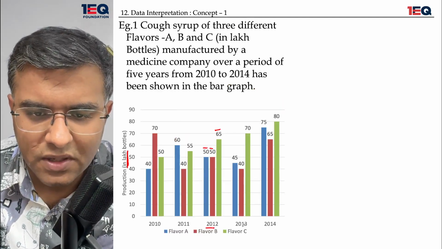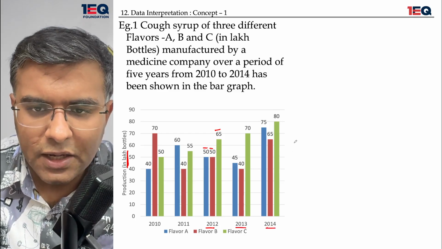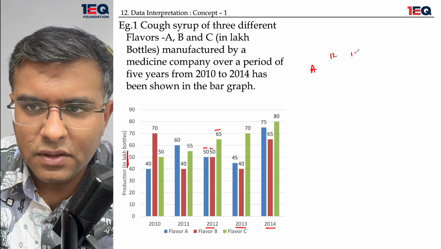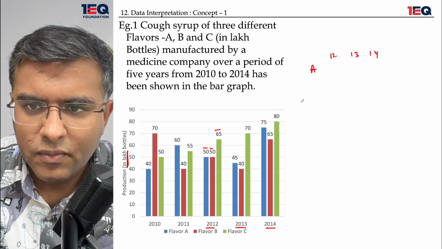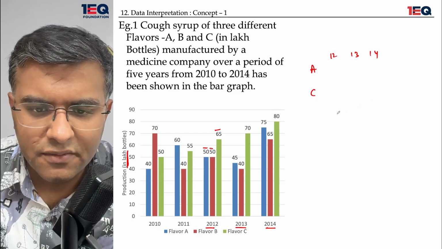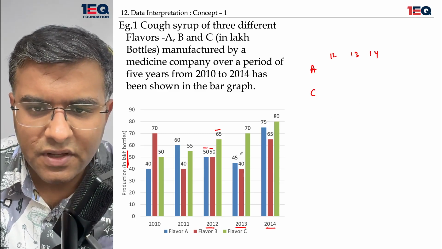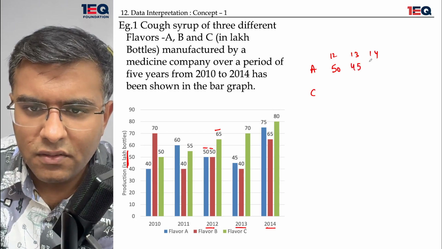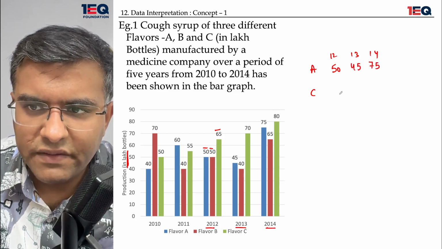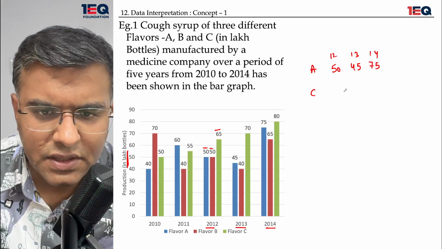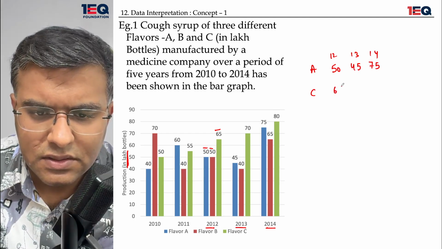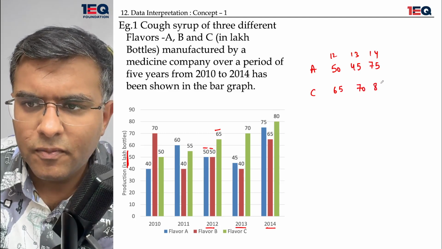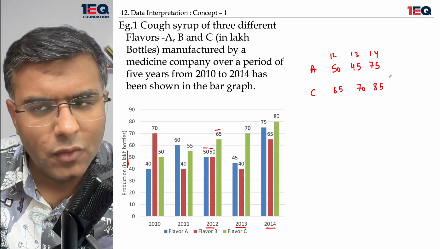I'll quickly do it for A in 12, 13, and 14, and for C, again 12, 13, and 14. For A, it is 50, 45, 75. And for C, it is 65, 70, and 85.